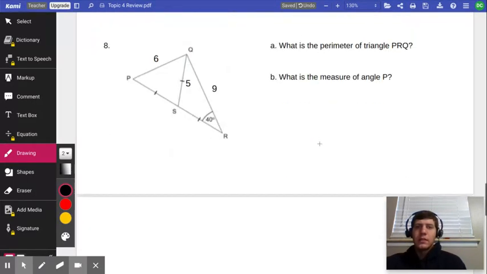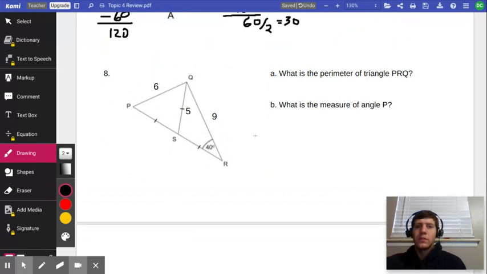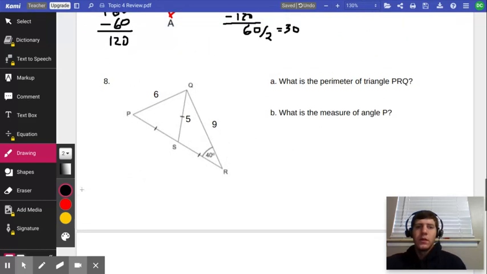Right? And number 8's asking the same thing here. So let's start with the perimeter. Right? So this is 5 here. Right? So this is isosceles, so this is 5 as well. And then this one here is also isosceles, so since that's 5, this is 5.